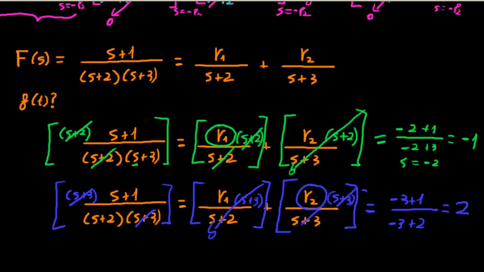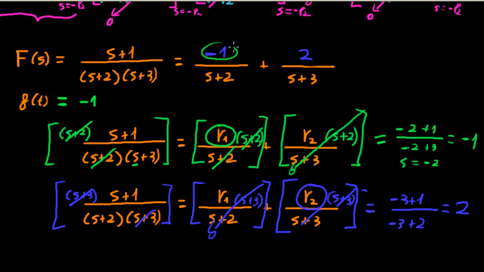So we can replace r1 and r2 by their values, minus 1 and 2, and therefore if we apply the inverse Laplace transform table, or the Laplace transform table, because it works both ways, f of t is minus 1.